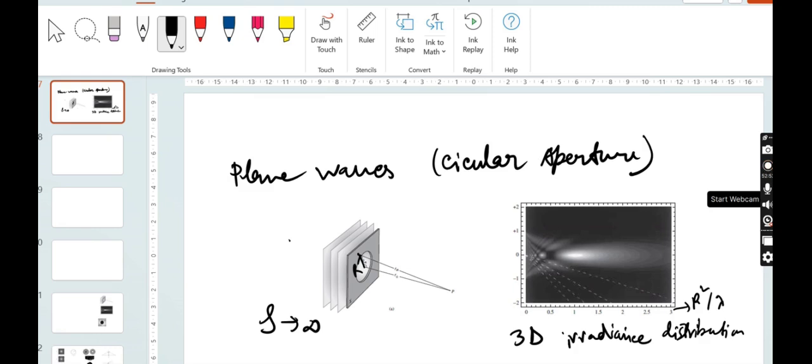One Fresnel zone fills the aperture and the irradiance has a maximum. Beyond that, irradiance falls off monotonically until it reaches the far field region. The first four zones of the distribution: this corresponds to the first Fresnel zone, this to the second Fresnel zone, and this to the fourth Fresnel zone.